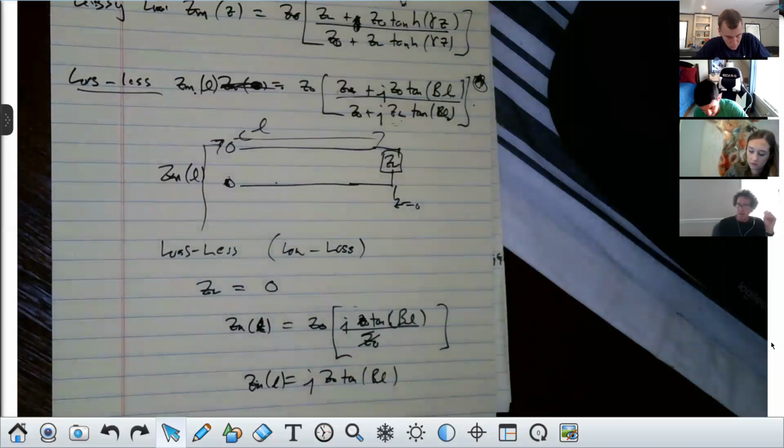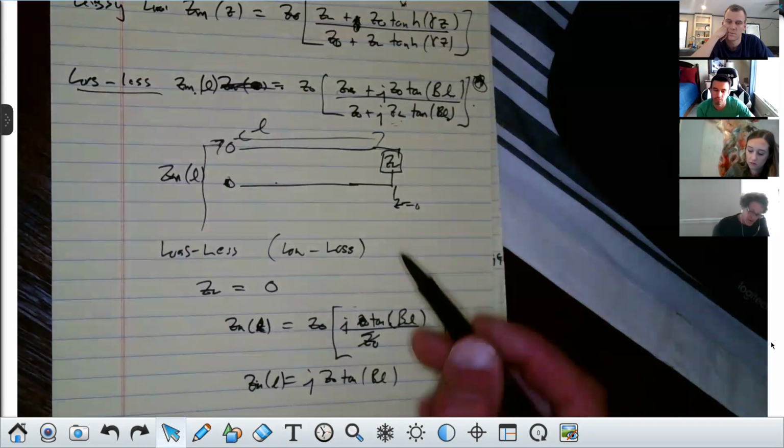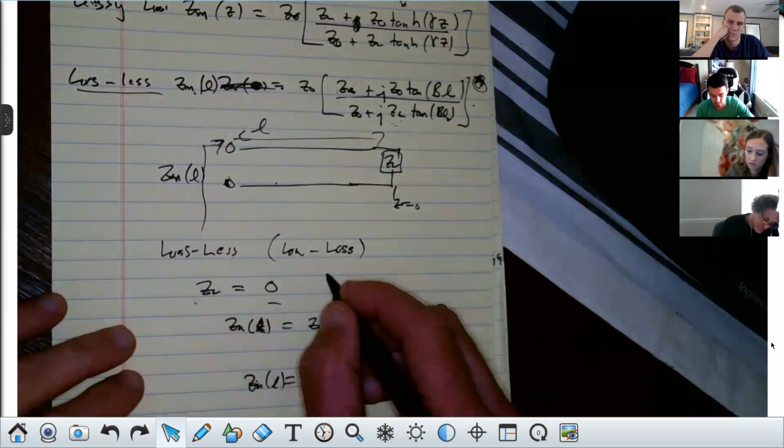What can you see happening to that? What if L is 0? What's the input impedance? If the length of line is 0, what is it? Well, what's the tangent of 0? Anyone? It's 0, right? And you would expect that. If this thing's a short circuit, here we have ZL, so this is a short.